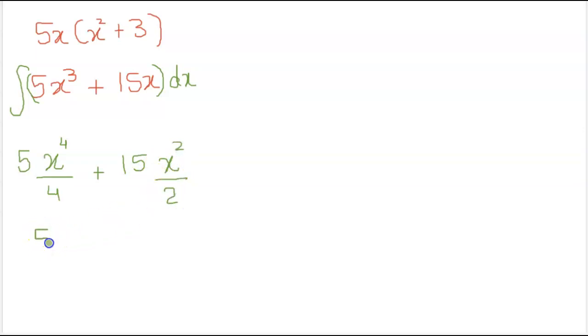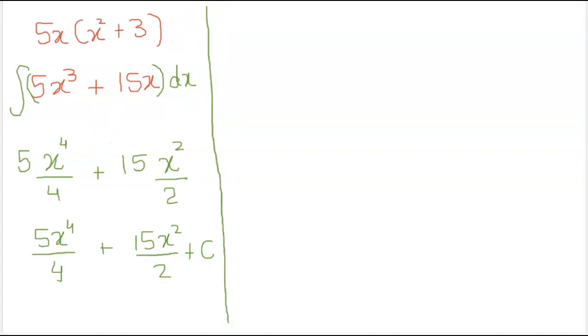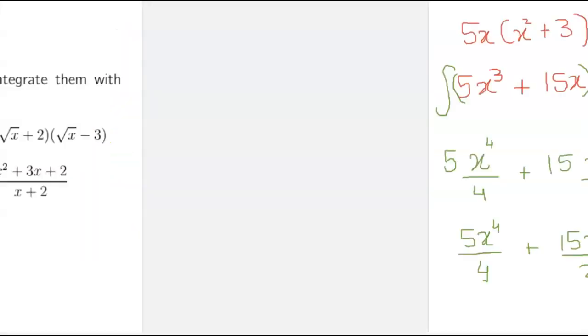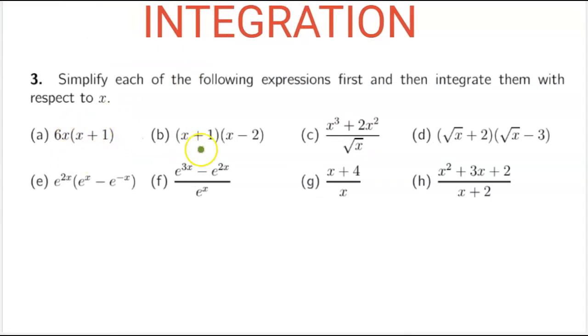So you can write it down as 5x to the 4 over 4 because you can't simplify further, plus 15x square over 2. Do not forget to add the constant of integration c. So that's one of the questions. So you know how to do that one and that one. Here you have to divide everything by square root of x.